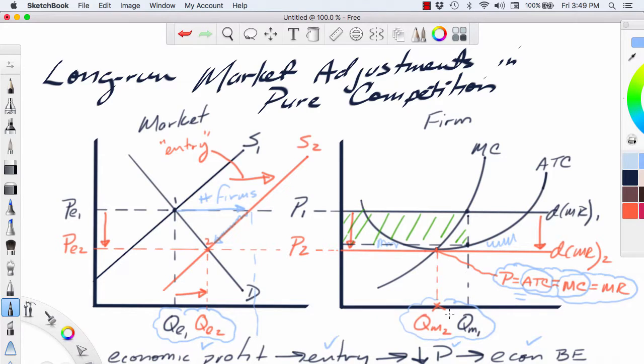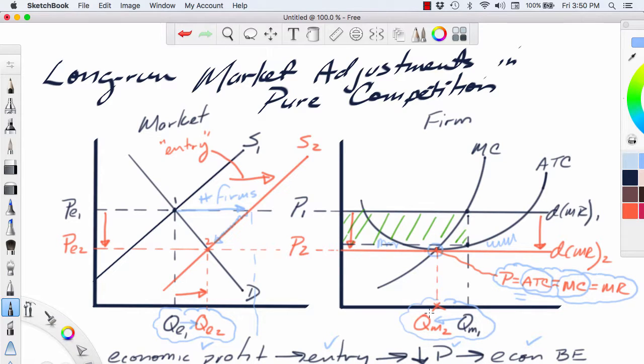And so this is looking at the existing farmer. Each farmer actually grows less, even though we have more farmers. So the overall market ends up producing more, but each farmer produces less, and unfortunately for the farmer, is not only producing less, but is breaking even on what is sold.